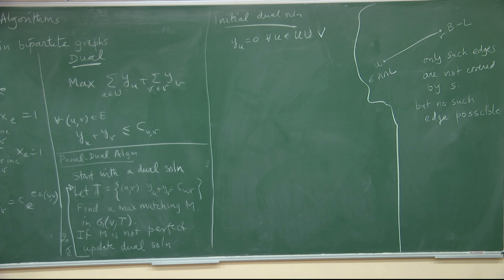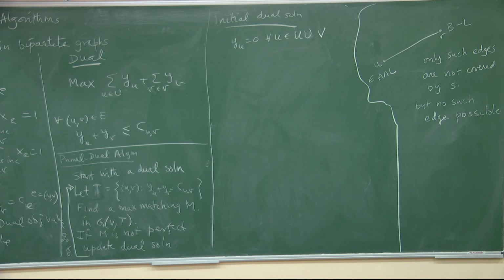So what I'm going to maintain is these two things: primal objective is equal to dual objective, and dual is feasible. These are my invariants.